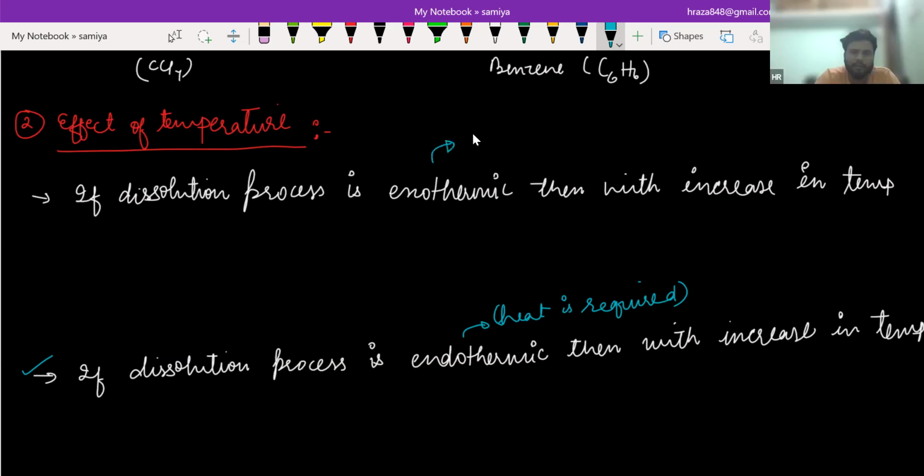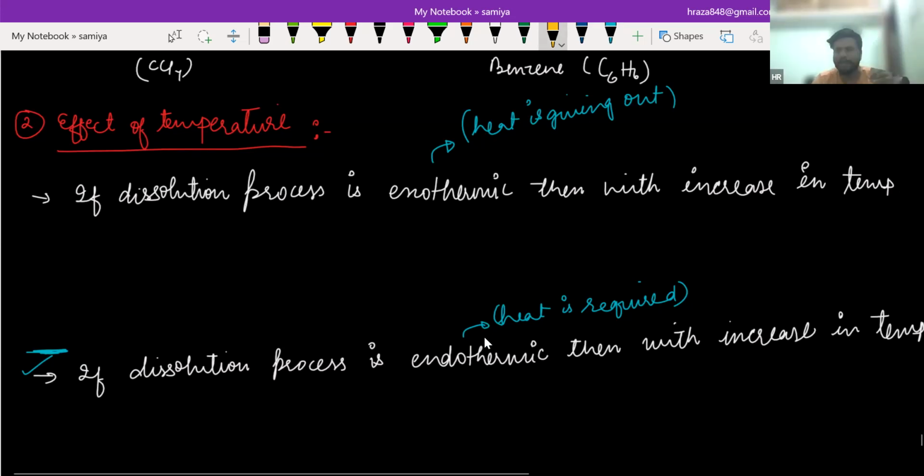Exothermic is a process in which heat is given out. So you can see heat is required for this endothermic dissolution, for making a solution, so we increase the temperature for an endothermic process.